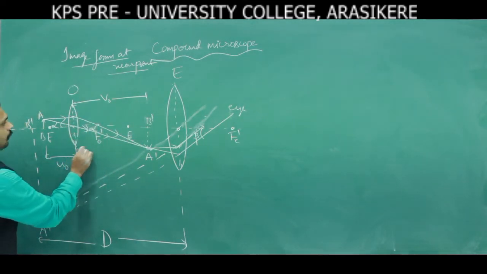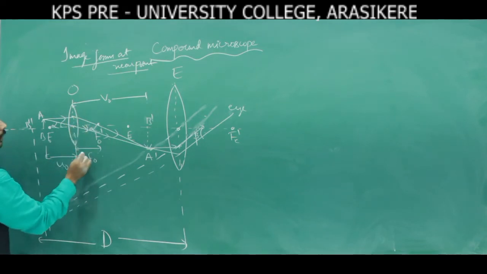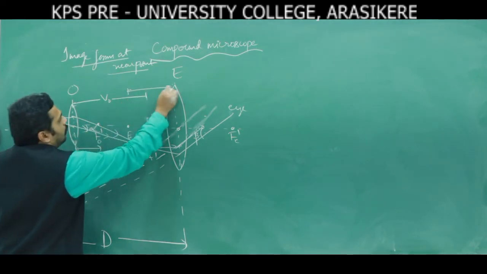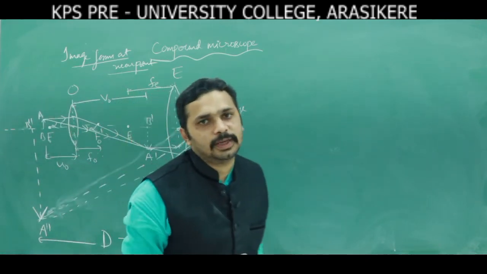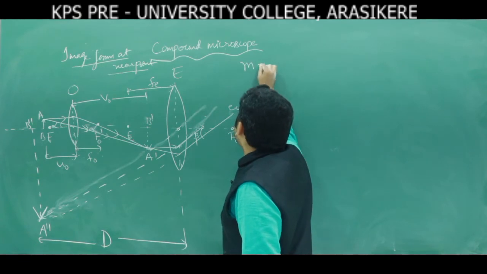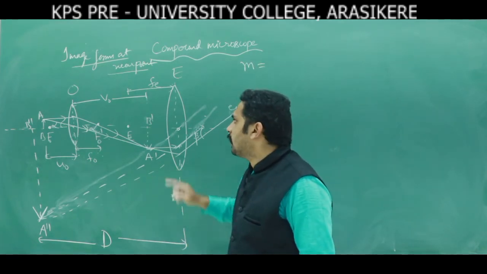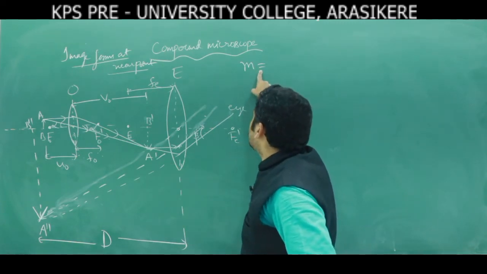Now F, this is what? This is F0. What is F0? Focal length of the objective lens. Fe, focal length of the eyepiece lens. Here I am giving two expressions for the magnification. Here the total magnification produced by the compound microscope is the total magnification.